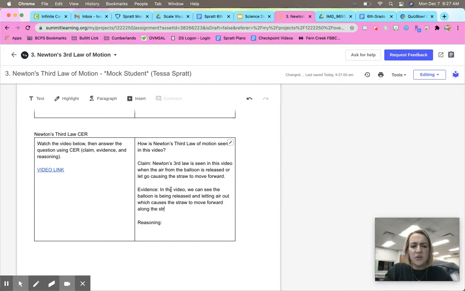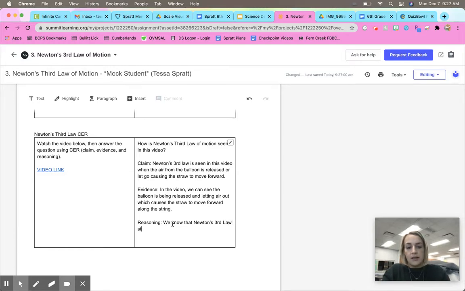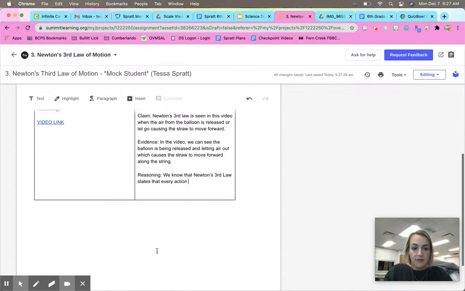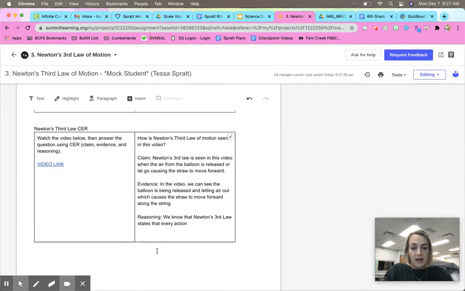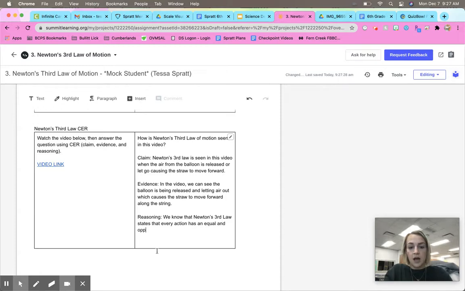Now, I know it sounds like we just repeated ourselves, and we kind of did, but our reasoning is going to explain how our evidence supports our claim. So we know that Newton's third law states that for every action, we even said it up here, for every action has an equal and opposite reaction.